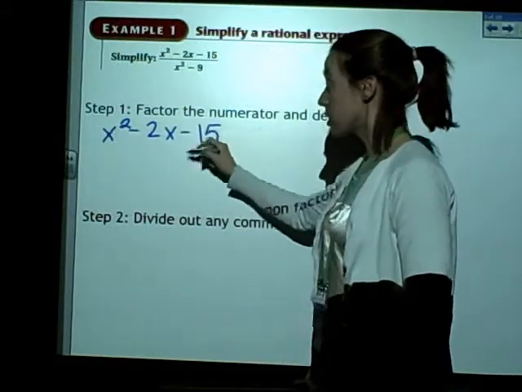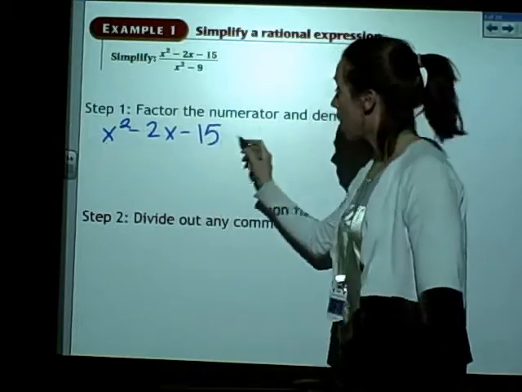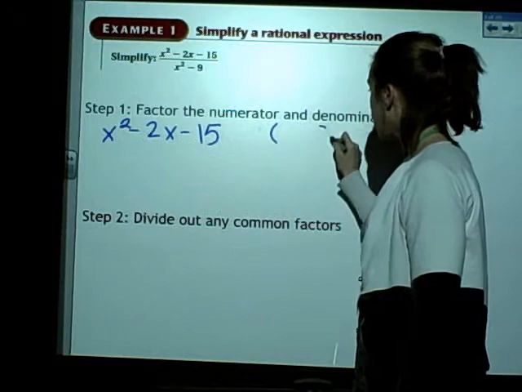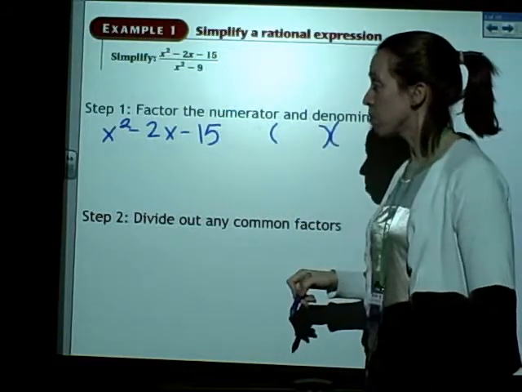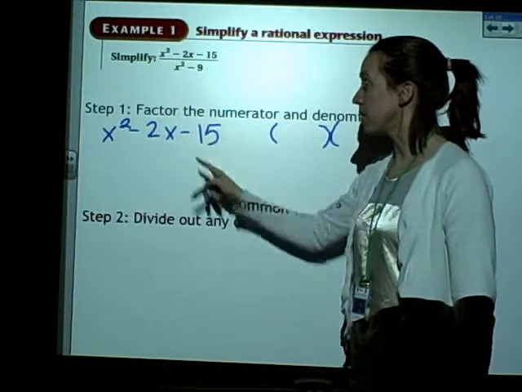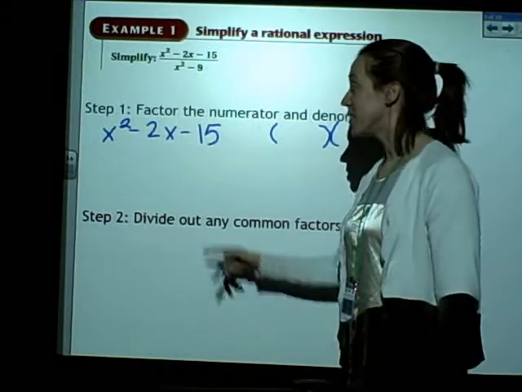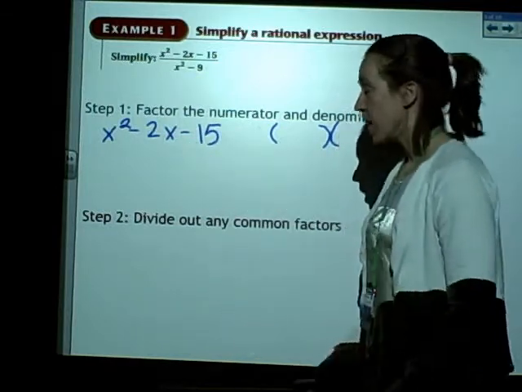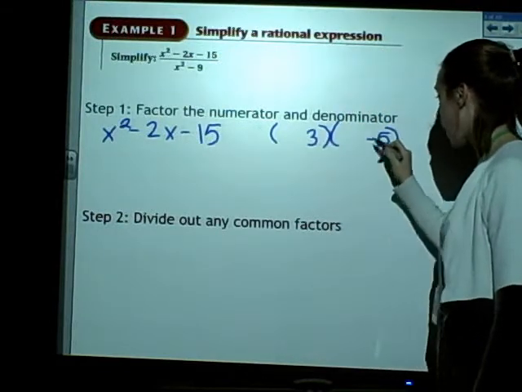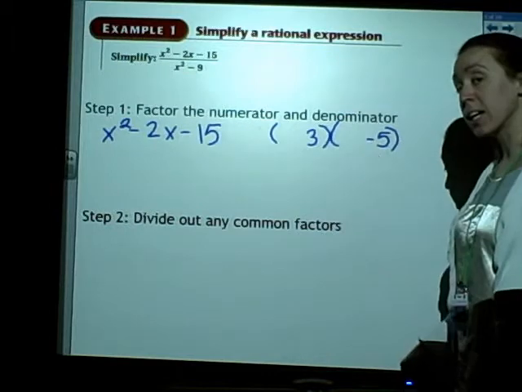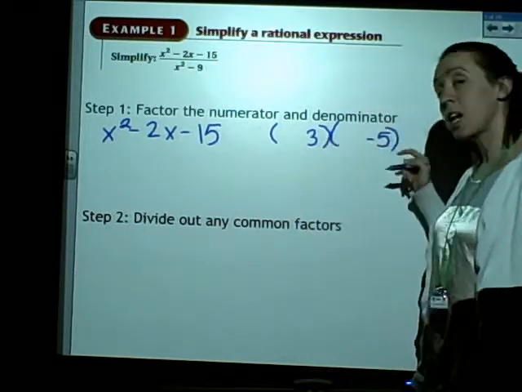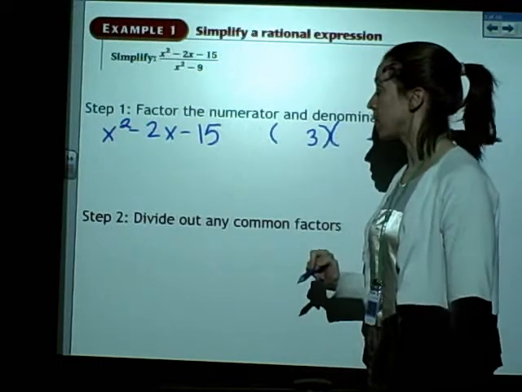We see that there's no a value in front of x squared, so all I have to do is say what numbers are going to multiply to give me negative 15 and add to give me negative 2. And that answer is 3 and negative 5. 3 times negative 5 will give me negative 15. 3 plus negative 5 gives me negative 2.